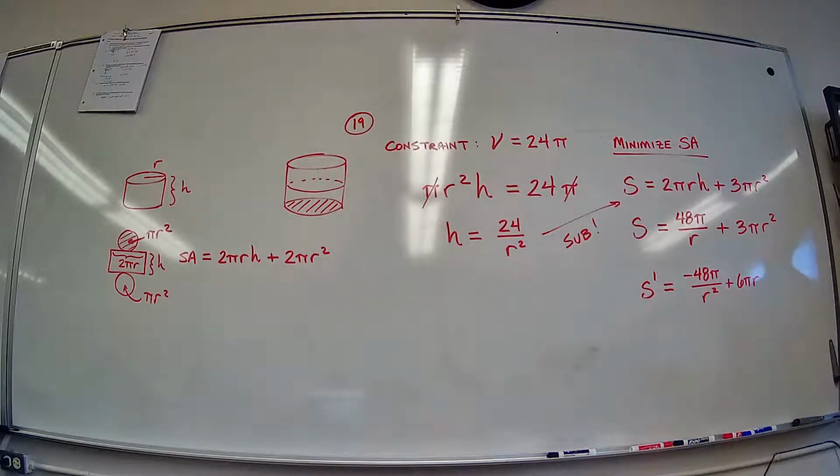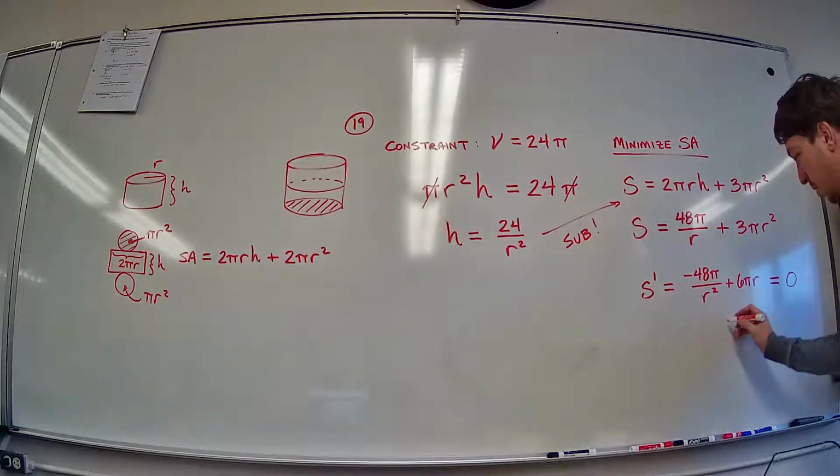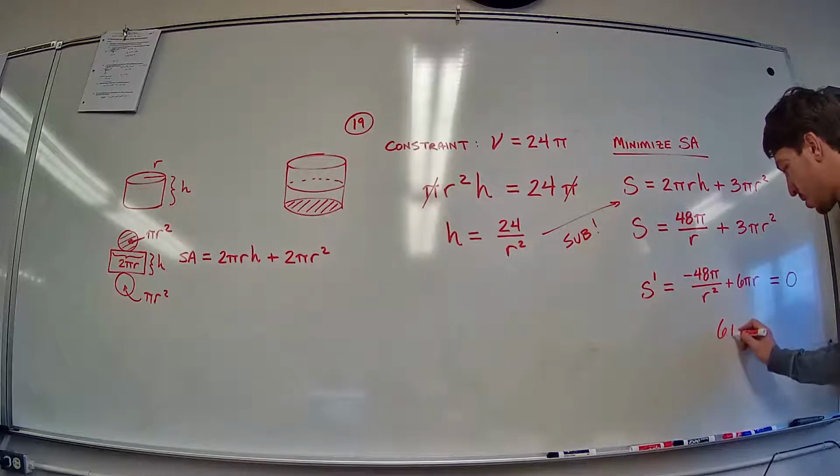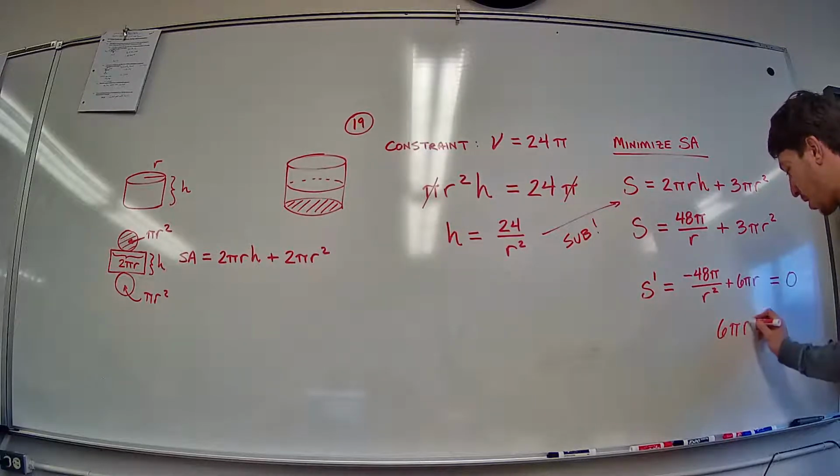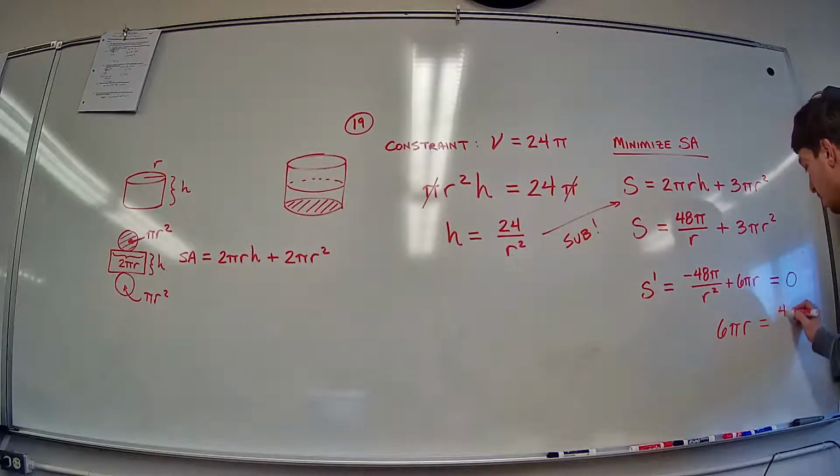Do we feel okay about that, guys? Great. Okay, now I'm going to set this equal to 0 and do a little bit of arithmetic or algebra. So 6 pi r equals 48 pi over r squared.